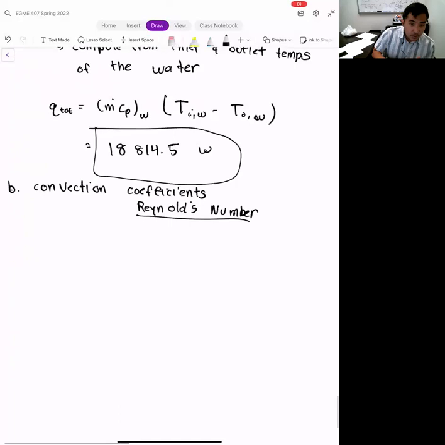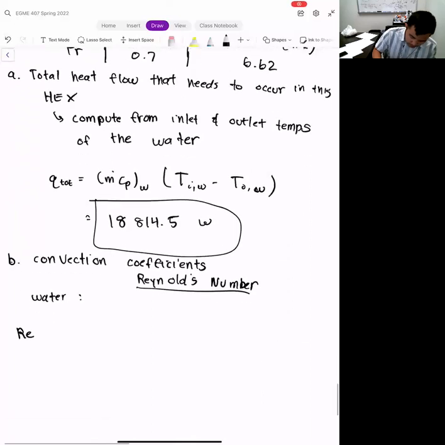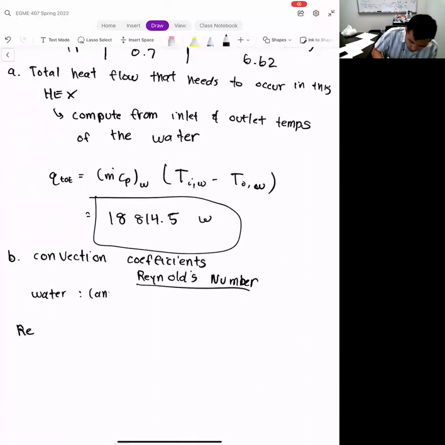I'm going to do this in two quantities, so let's do the water first. For the water, our Reynolds number, let's start with that first. Remember the water here is flowing in the annulus, so we have to use different rules.